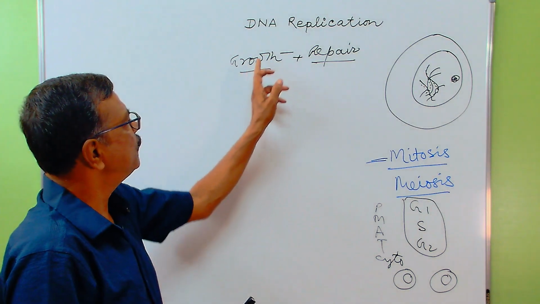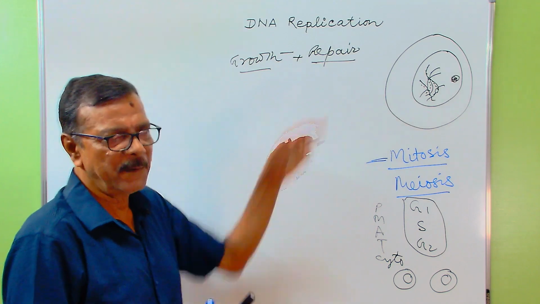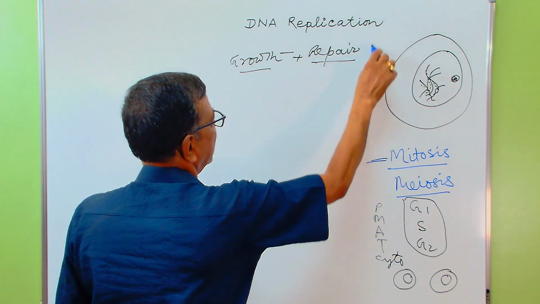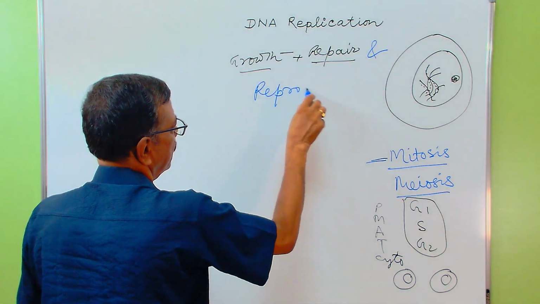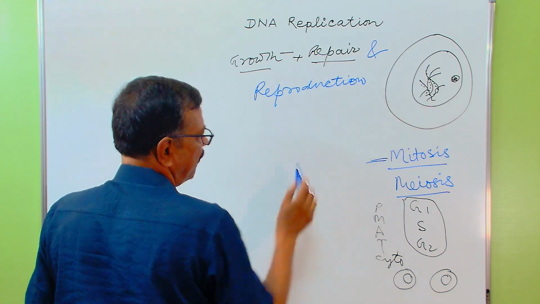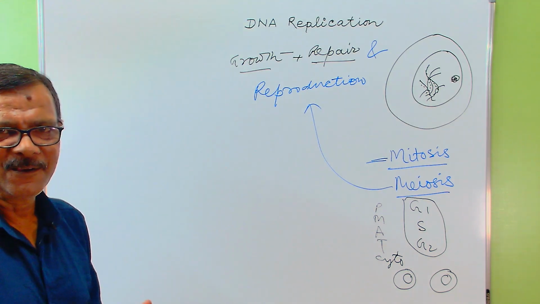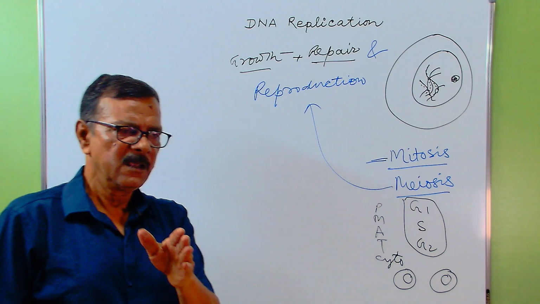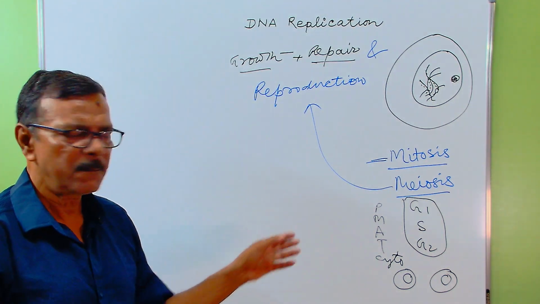Again, why does DNA replication require? It is required for growth, repair, and this is very much important, reproduction. And for reproduction, that is meiosis. Please go to my earlier classes from one or two months ago on mitosis and meiosis.